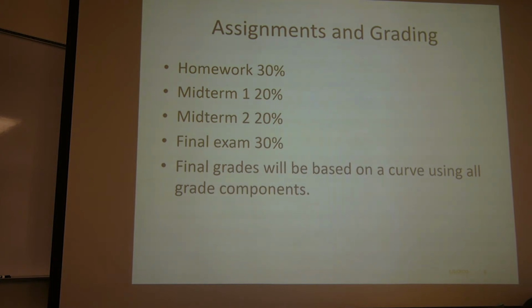Roughly, according to the distribution, we will get maybe 30%, maybe 40% A, and maybe 40% B, and the rest like 20% C. This is just a rough estimation at the beginning of the semester. We will decide that later. Any other questions?